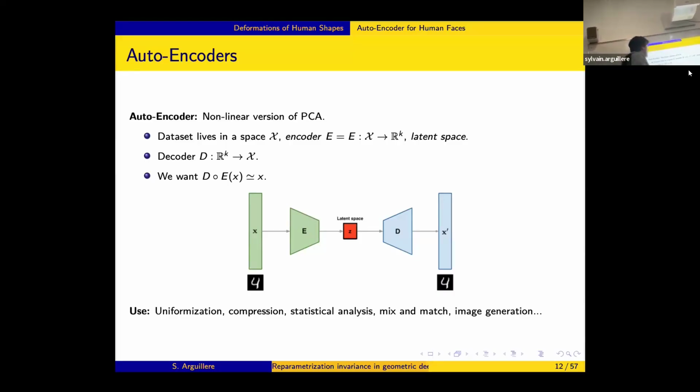Okay. And now what we want is for the encoder to be as close as possible to an inverse of the decoder. A lot of the first image generations were made using this kind of structure.